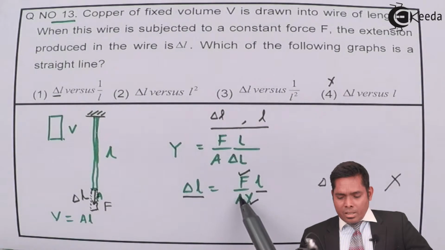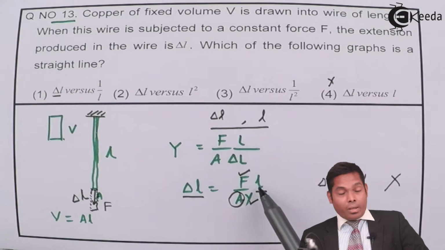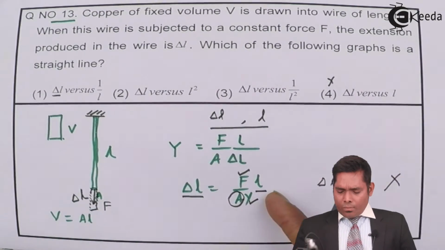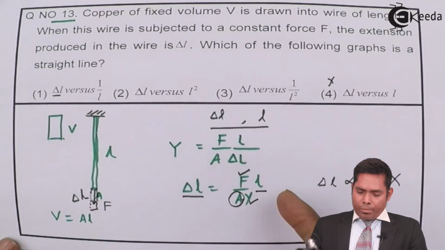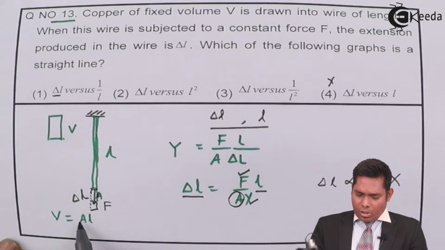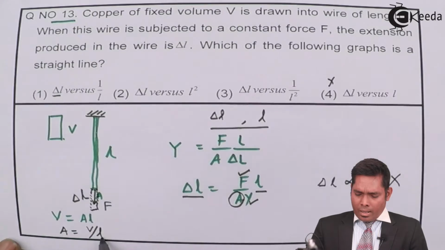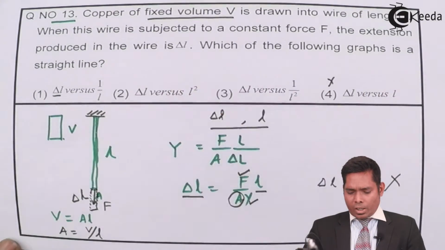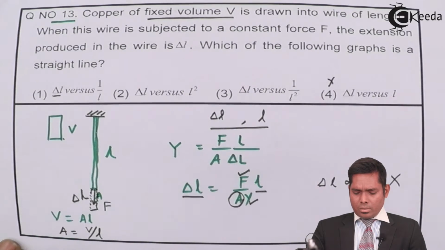So that means A is not constant, so you have to write A in terms of L. To write A in terms of L, we will write that A is V over L, and V is a constant.